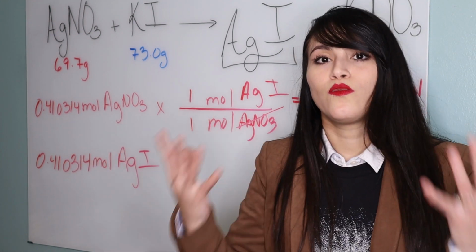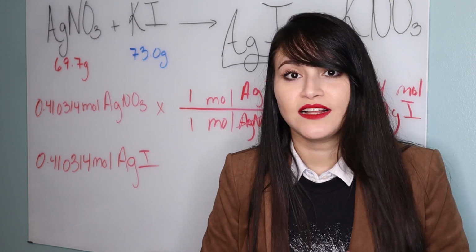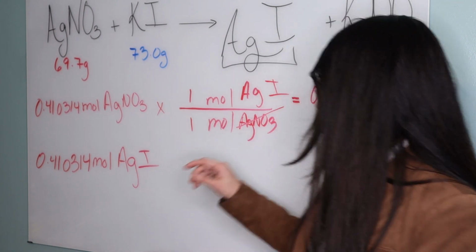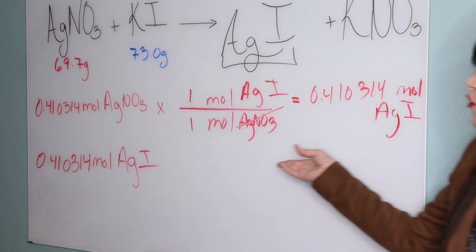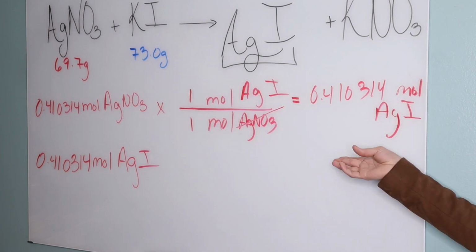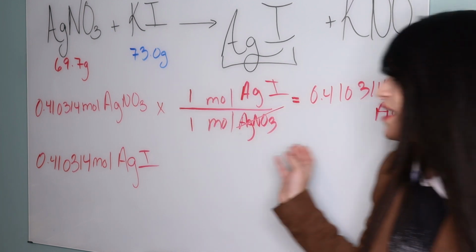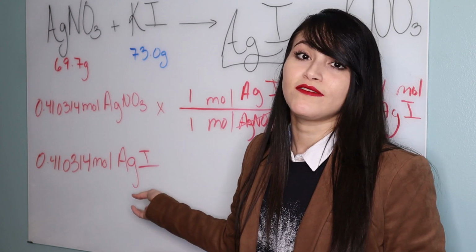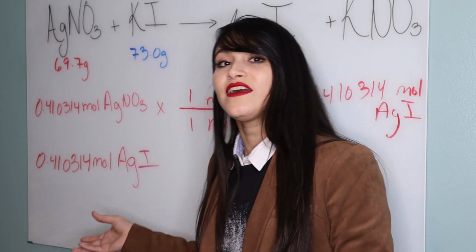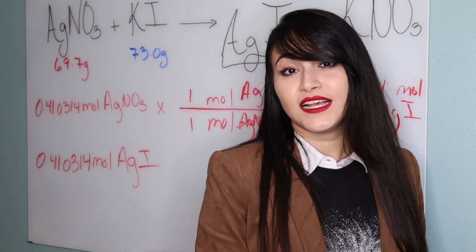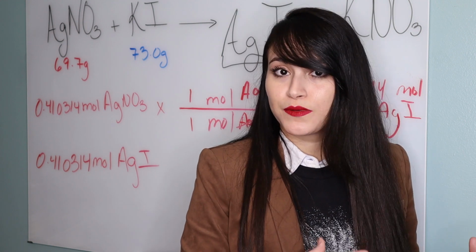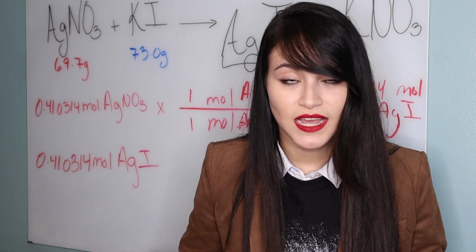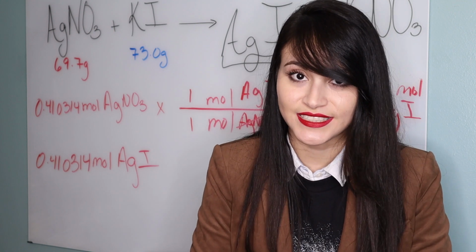Again, we found out that the limiting reactant was silver nitrate, so we used the molar ratio to get the moles of silver iodide, and now we can use these moles of silver iodide to figure out the grams of silver iodide that could be produced in an ideal world, therefore the theoretical yield.